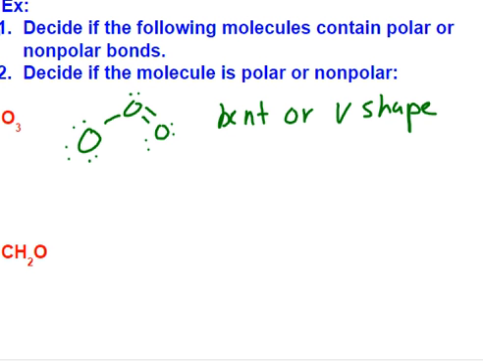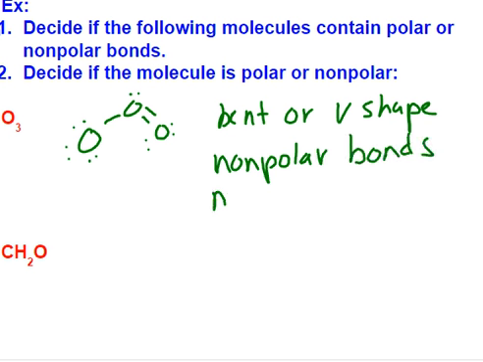Are they polar or nonpolar? They're nonpolar because they're all between oxygen. So it doesn't matter if it's a double or triple bond. Oxygen, whether it's forming a double bond with itself or a single bond with itself, has the same attraction. Every oxygen atom does. So it's got nonpolar bonds. So this has to be a nonpolar molecule.